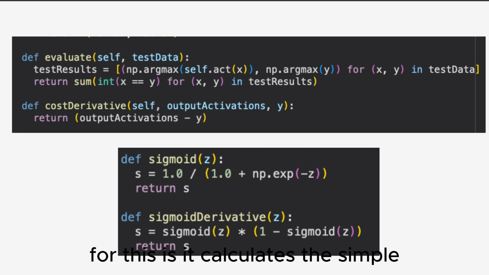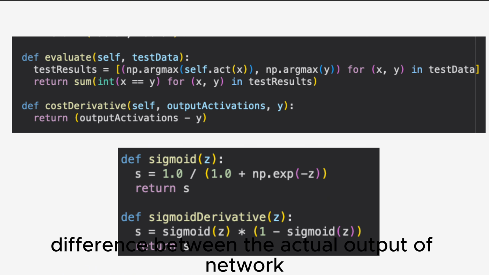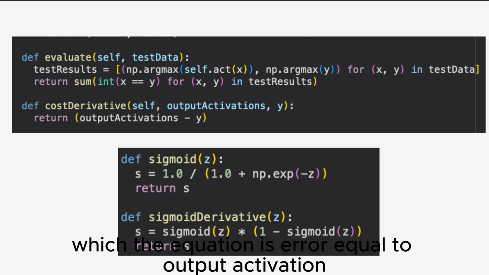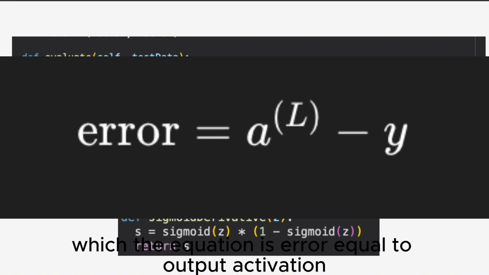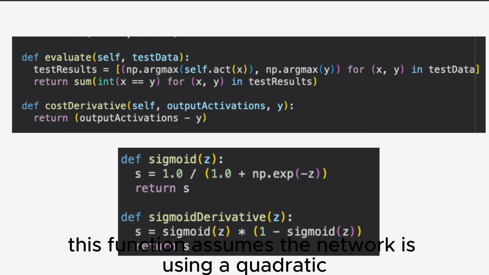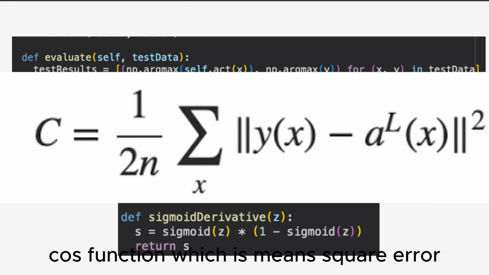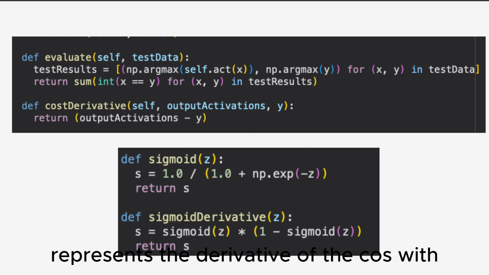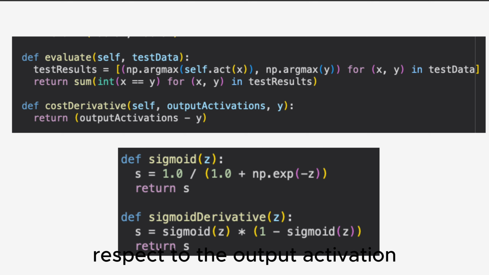The process is it calculates the simple difference between the actual output of the network and the true label vector, where the equation is delta equals output activation minus the true label. This function assumes the network is using a quadratic cost function, which is mean square error, where this difference represents the derivative of the cost with respect to the output activation.